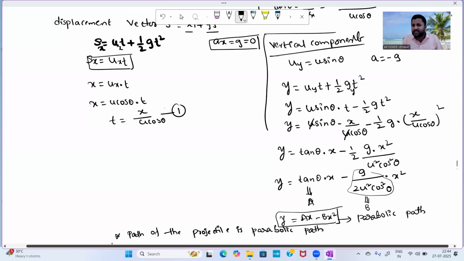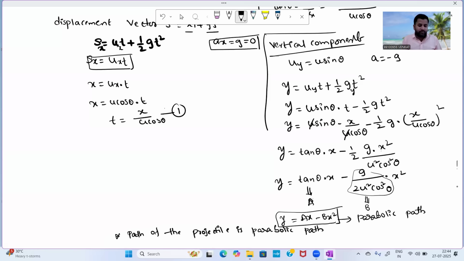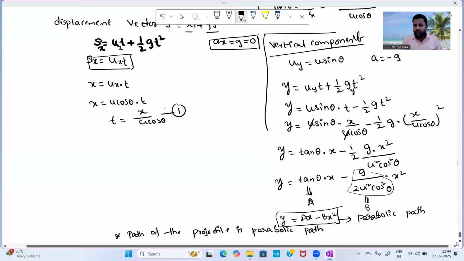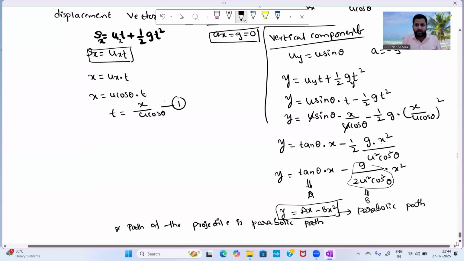What is the trajectory? The path of the projectile is called the trajectory. I hope it is clear. So we proved that the path of the projectile is parabolic.